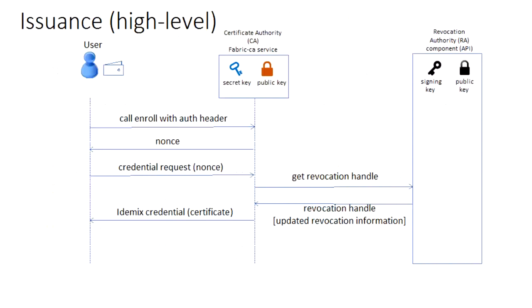In the Idemix MSP, the revocation authority needs to be integrated in the MSP, right? Because you need to know at validation time if the client is not revoked. Yes, we're going to talk about it later. The revocation authority handles the whole process of generating the revocation information and handling revocation handles, but the MSP will be enhanced with the means to verify the non-revocation proof.